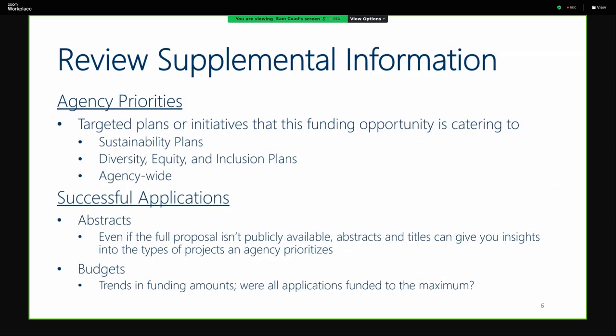In addition to the regular proposal, you want to review all of their supplemental information as well.